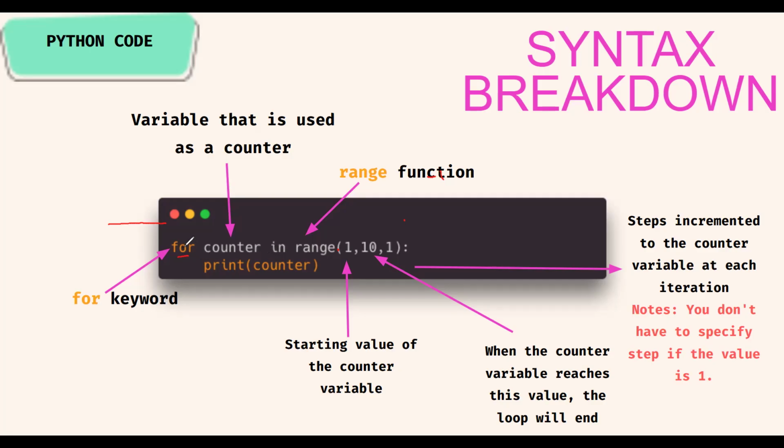Okay, it looks slightly similar to the pseudocode, but it works differently. So we say for, and in range is a fixed statement that belongs to Python, so we never change that in our loops. This is a variable name that we use. I think it's also similar to pseudocode.